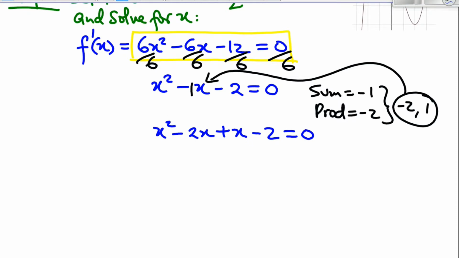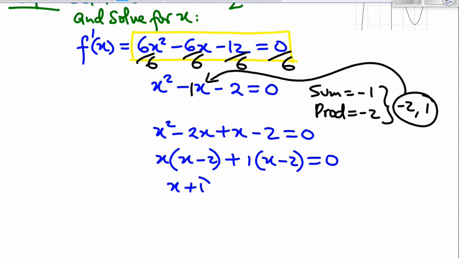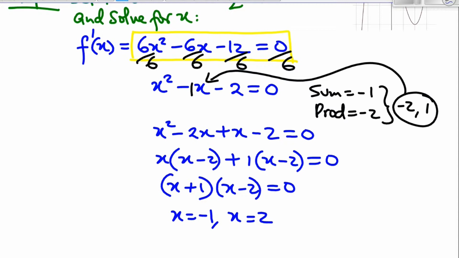To factorize the first two terms, x into x minus 2, plus 1 into x minus 2, equals 0. So x plus 1, x minus 2 equals 0, which means either x equals negative 1 or x equals 2.